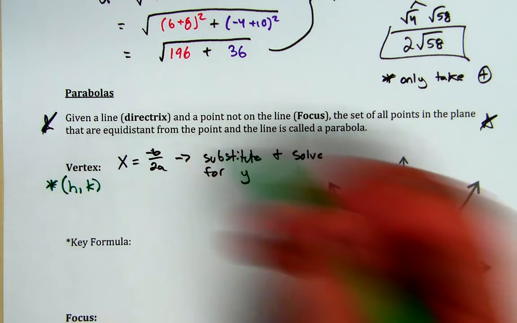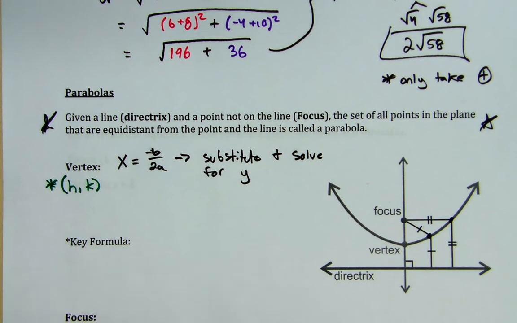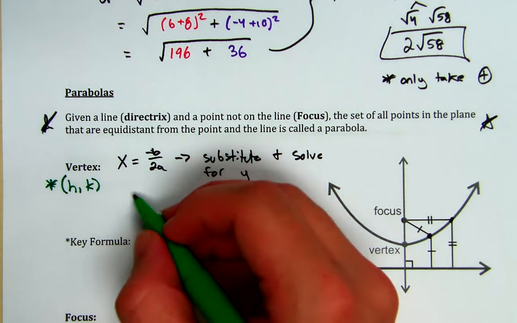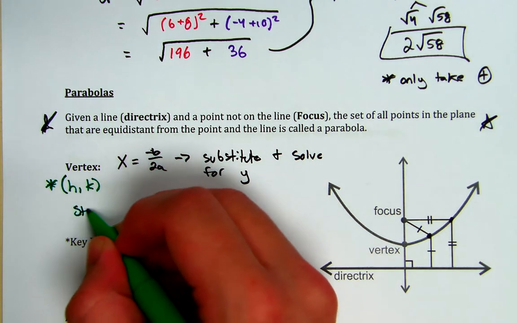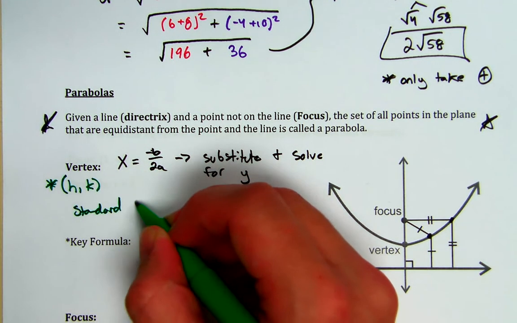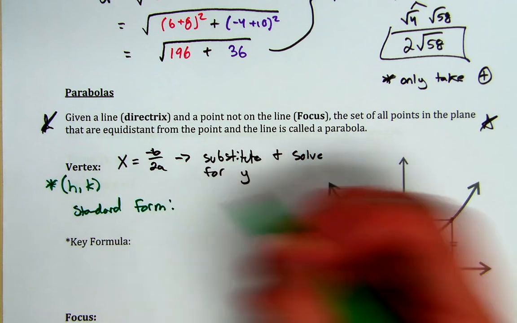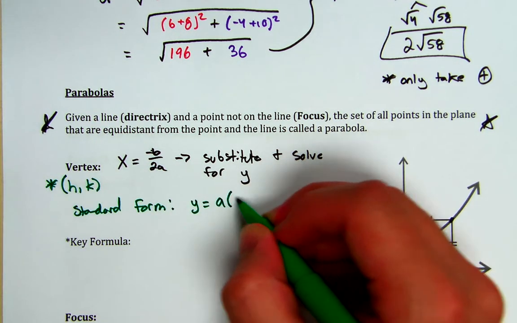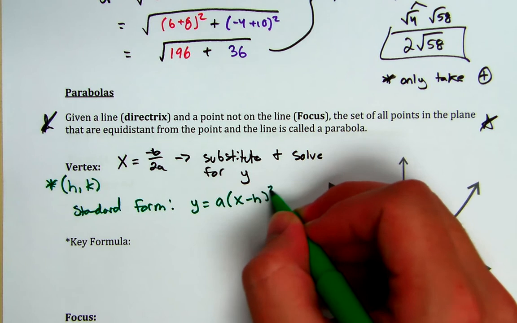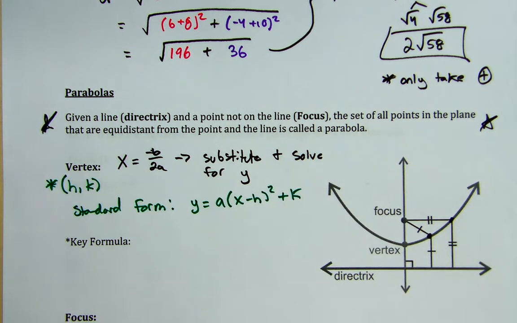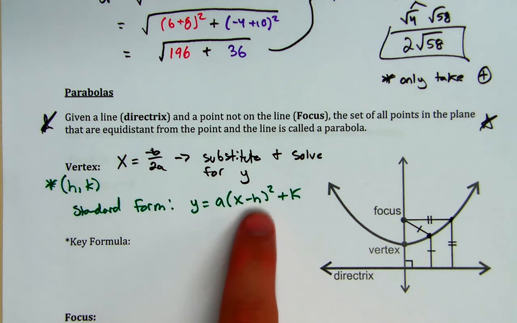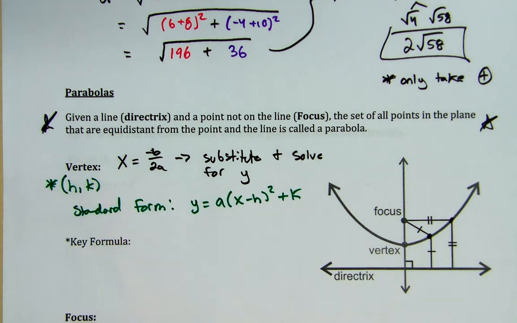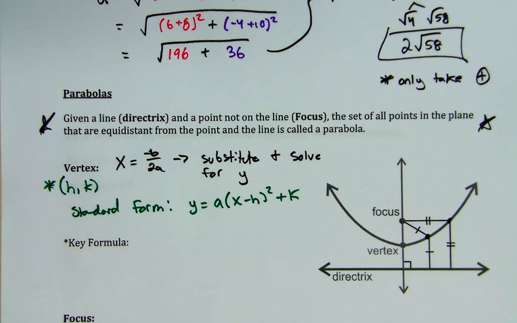This is a key point to talk about when we talk about standard form. The standard form of a parabola is y equals a times x minus h squared plus k. What we're actually taking here is the opposite of h, and k. That gets you the vertex.